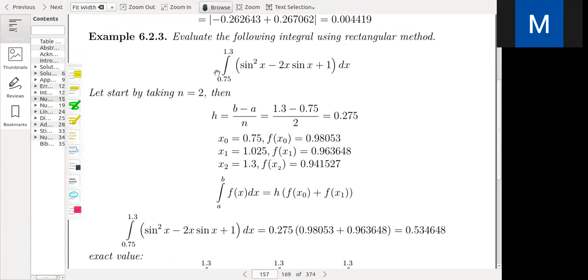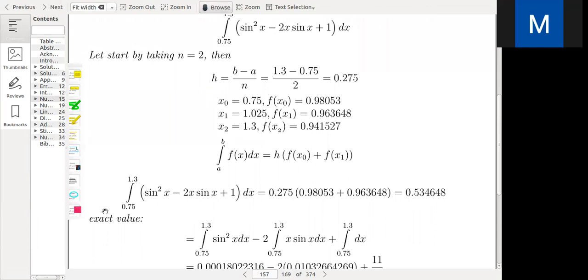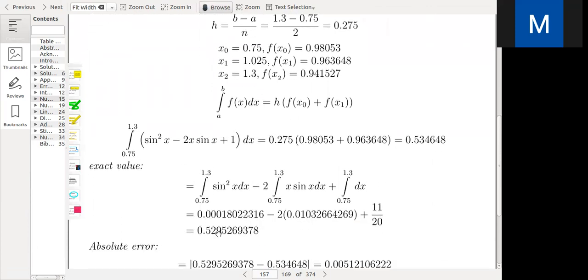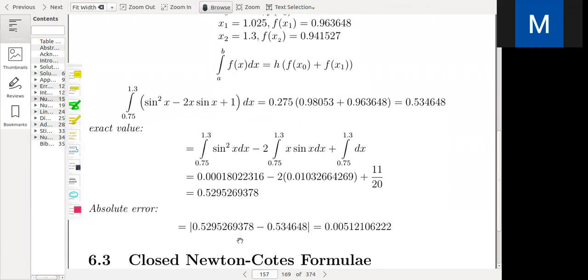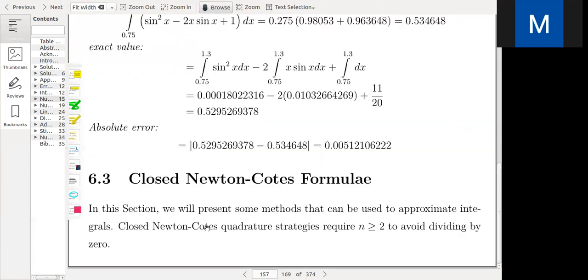Starting from 0.75, the next point is 0.75 plus 0.275, which is 1.025, and then 1.3. Calculating the value of the function and substituting in the formula, we have the rectangular solution 0.5295269378.